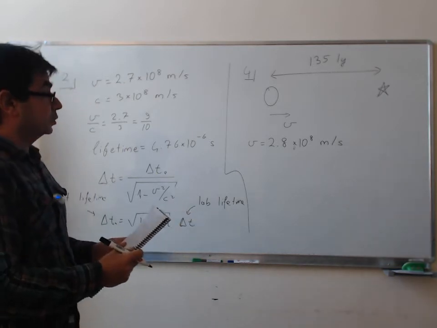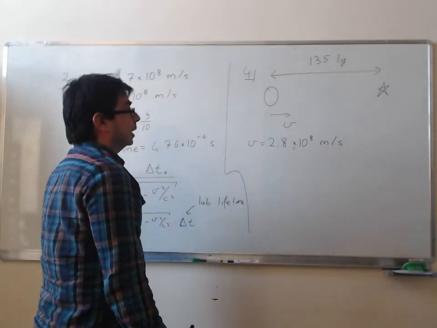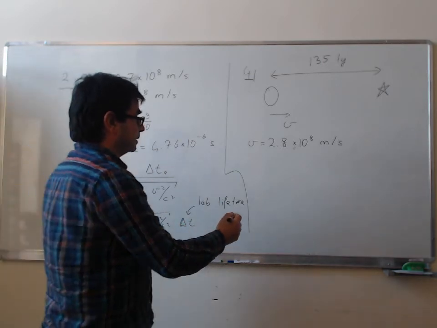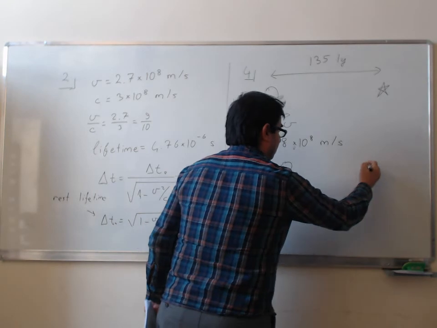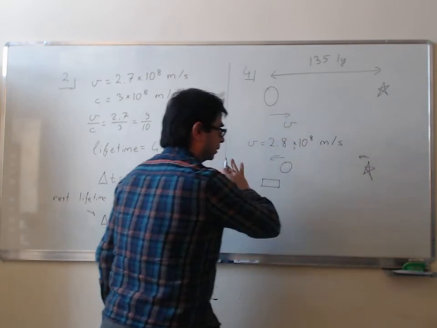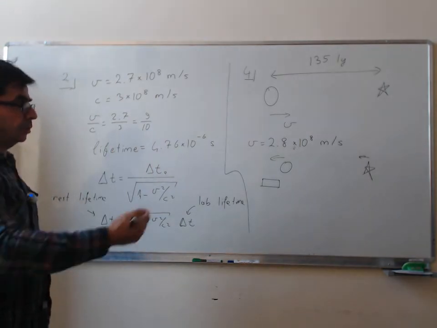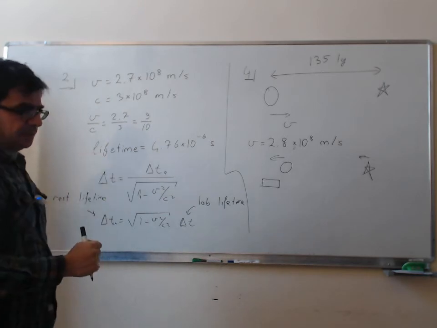We are moving with respect to Earth at this speed, moving that way. What we are going to see is that we are just sitting in our spaceship here, and Earth and the star are moving. Actually, this whole thing is moving with this speed towards us. So Earth is going to pass by us, and then after some time, this star is going to pass by us.